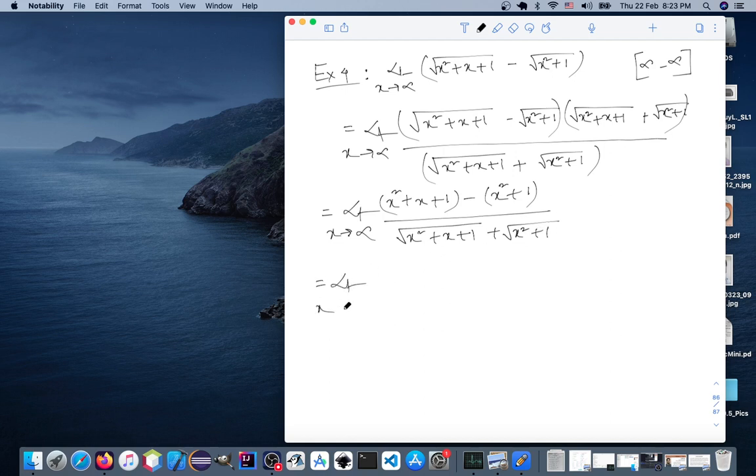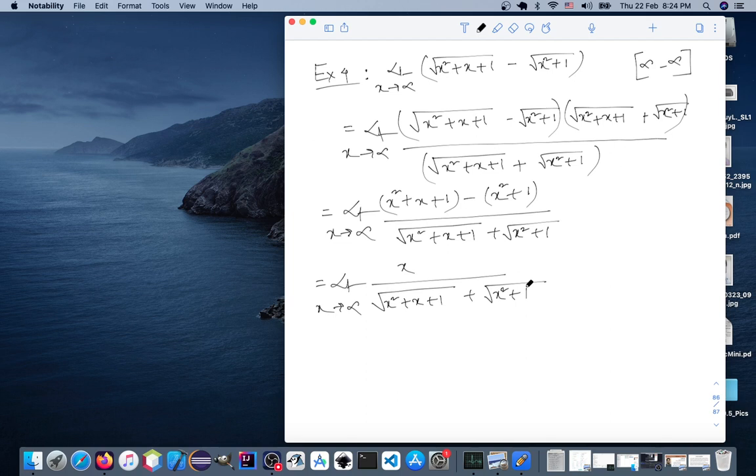This further becomes x by root over x square plus x plus 1 plus root over x square plus 1. So x is tending to infinity.